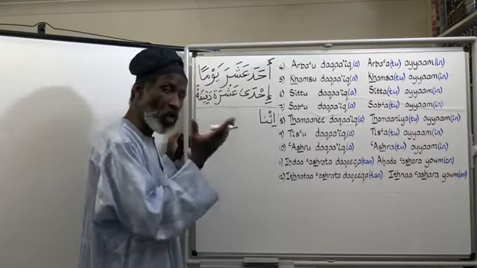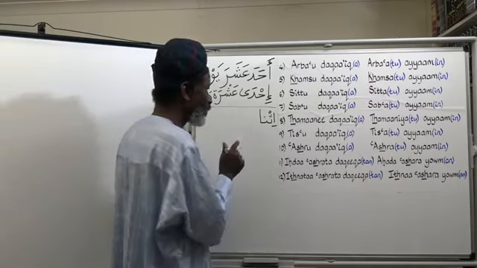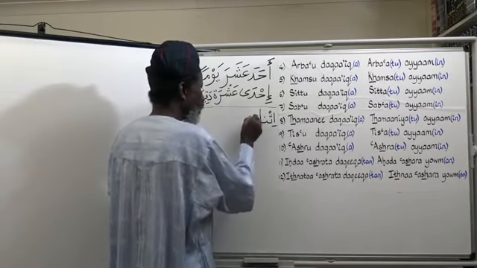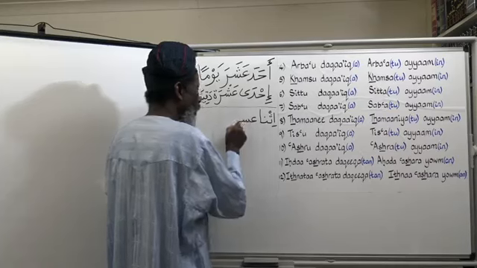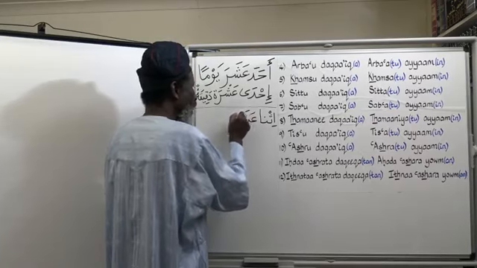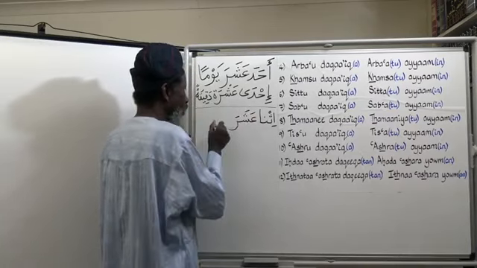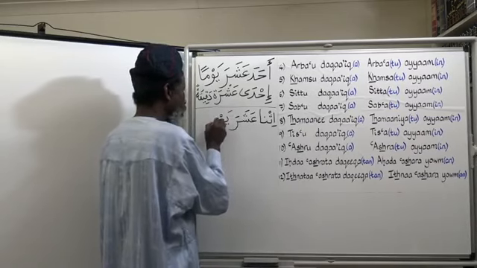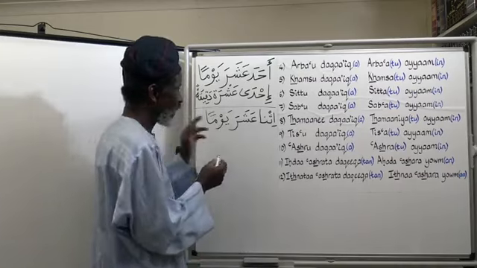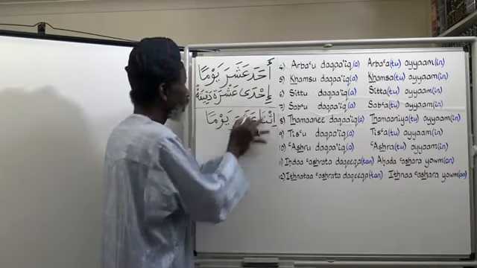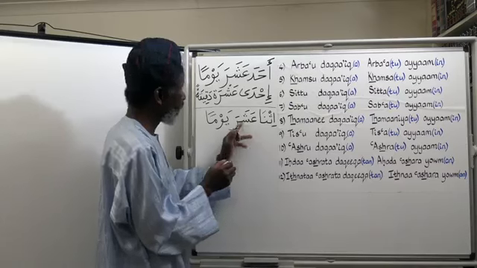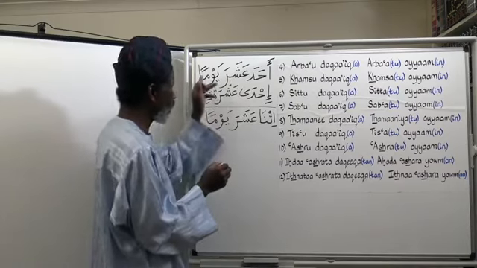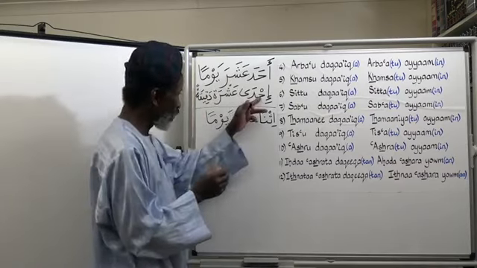We're going to remove the noun. So say إثنى عشر يوما. That's masculine.